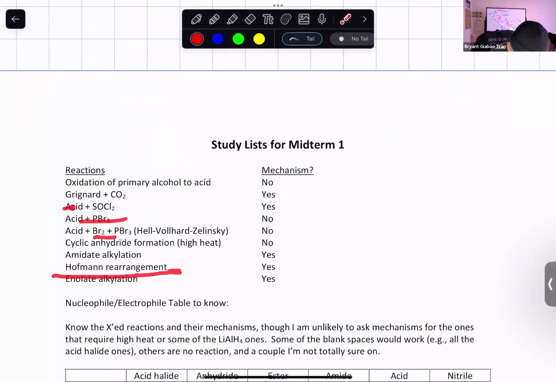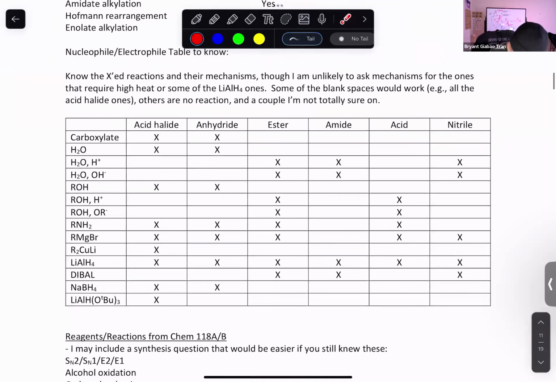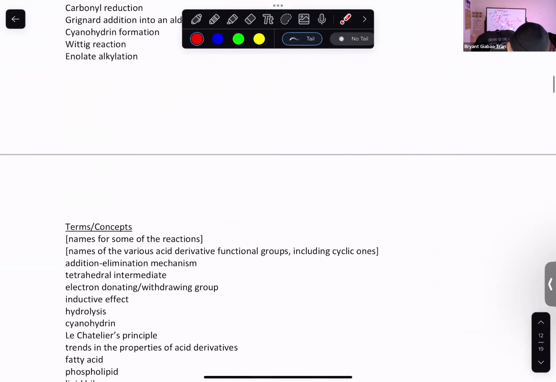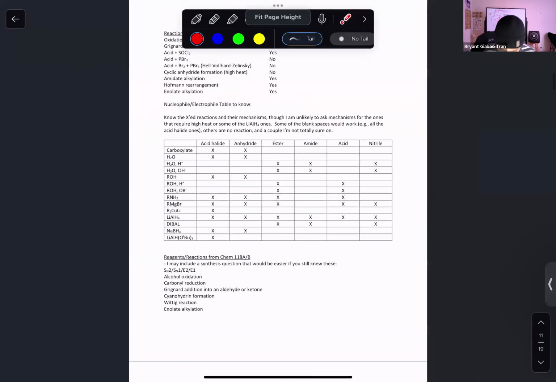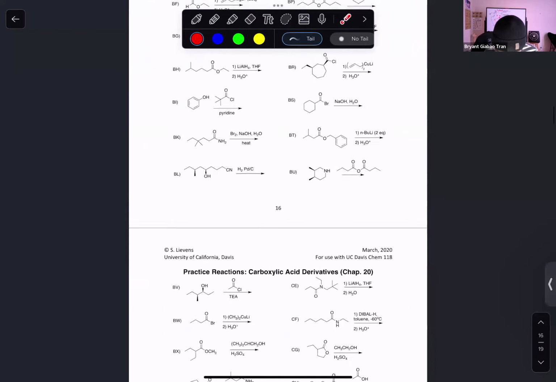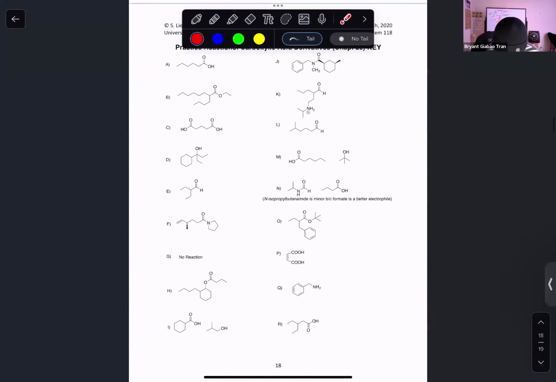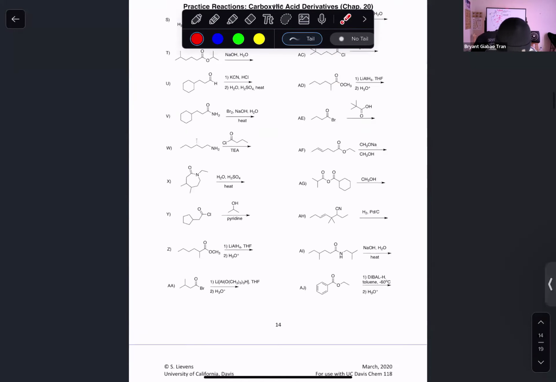Rearrangement. We went over that. Okay, so that was an overview of what's going to be on the midterm, the majority of the midterm there.